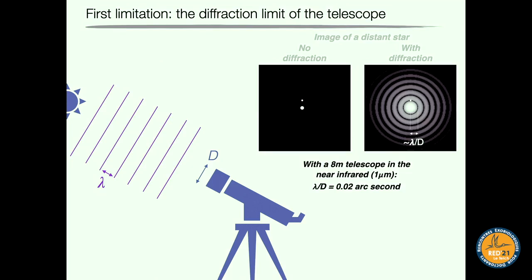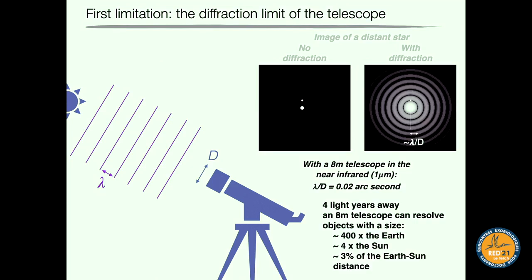But still, if we translate that at what this angular size means around a star that is at 4 light years away, meaning the closest star to our sun, then an 8-meter telescope would be able to resolve an object that would have the size only of 400 times the size of the Earth, 4 times the size of the sun, or 3% of the Earth-Sun distance.